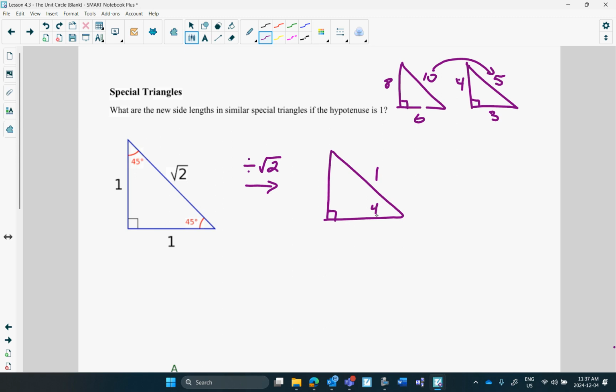Okay, remember this is still 45 degrees, and this is still 45 degrees. 1 divided by root 2 is 1 over root 2. But if you remember from grade 11, we never had a square root in the denominator. Remember what we had to multiply by? Root 2 over root 2.